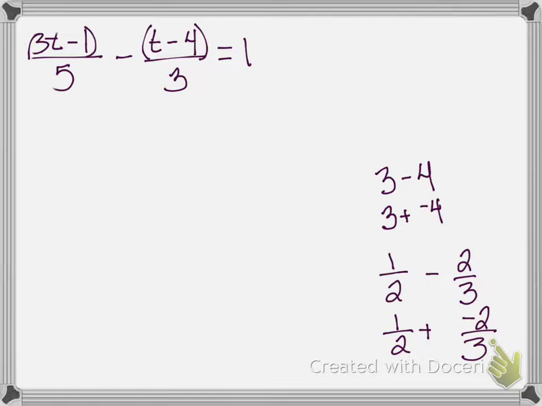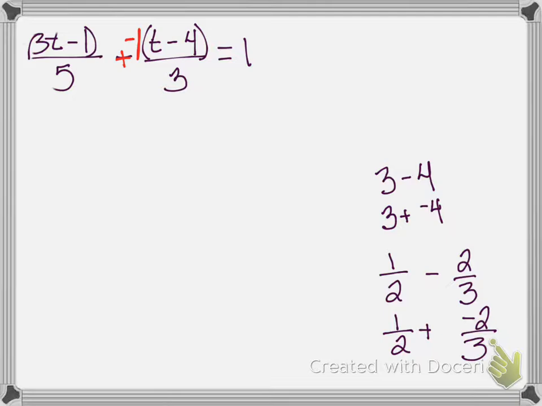So the very first thing I want you to do in this problem is change this minus to a plus, and put a negative right here. Now, what number could I put with that negative? A 1. So essentially I'm multiplying all of this by negative 1.